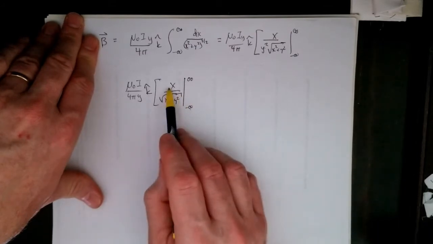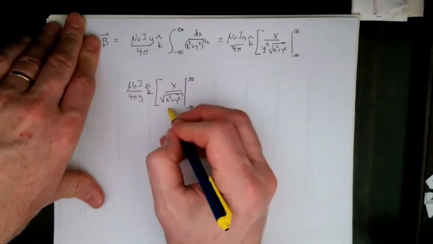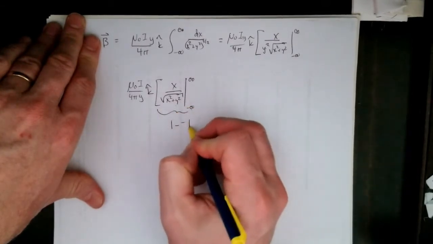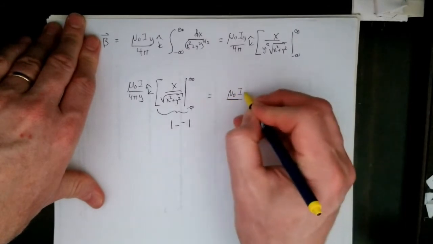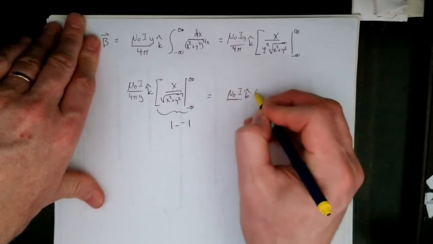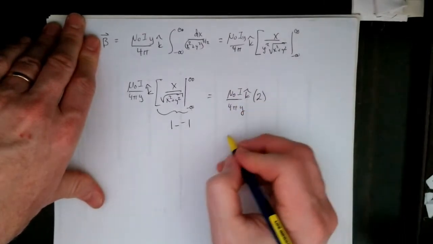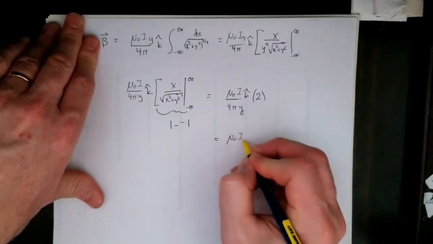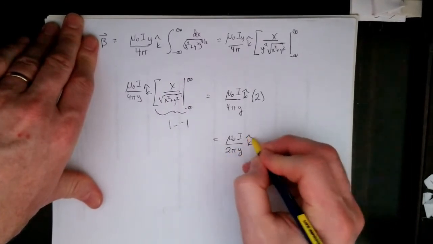Sticking in negative infinity, the denominator is positive and the numerator becomes negative. So in essence, this becomes 1 minus negative 1. And so now I'm left with mu naught I k hat times 2 over 4 pi y, or mu naught I over 2 pi y k hat.